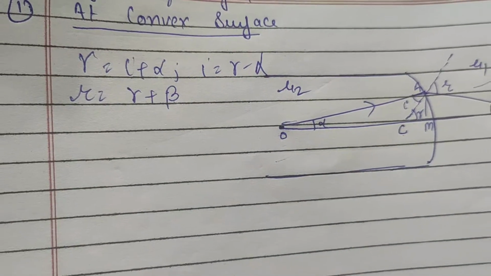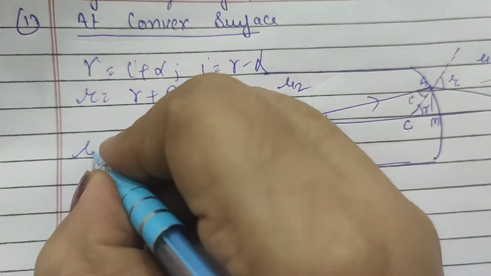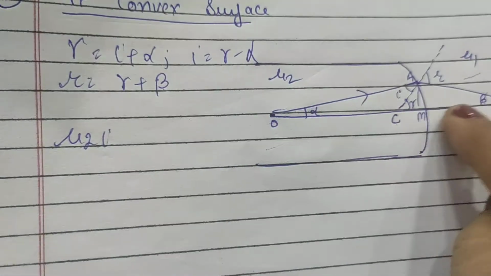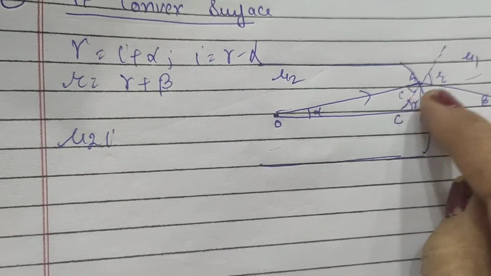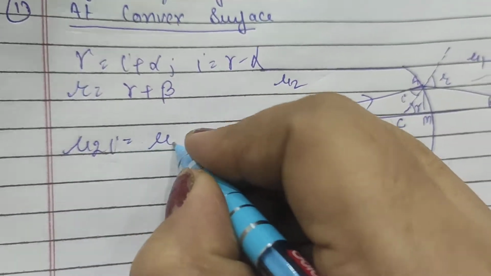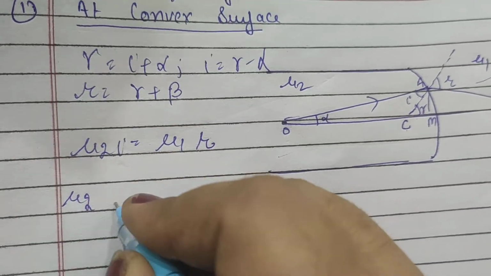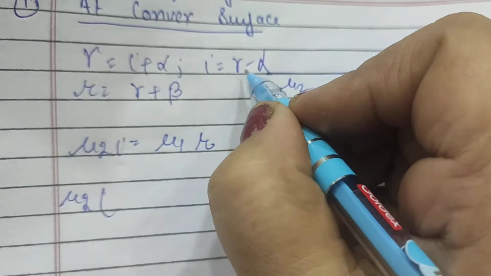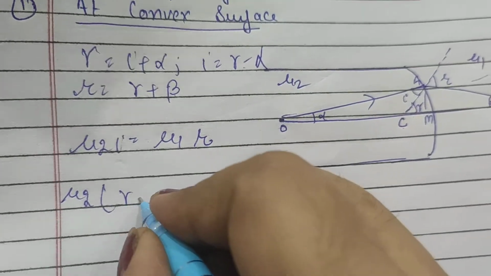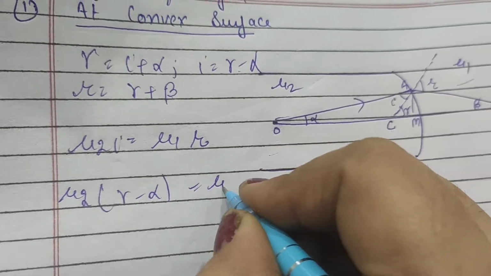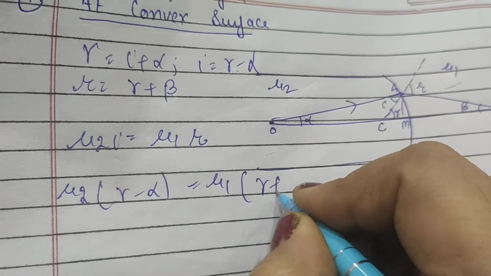Okay, so now the next step is Snell's law, which is mu2 i is equal to mu1 r, ignoring sin. Now putting the values, this is mu2 times (gamma minus alpha) is equal to mu1 times (gamma plus beta).